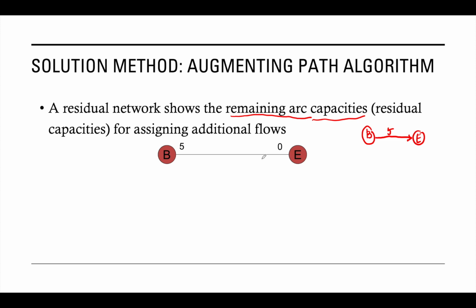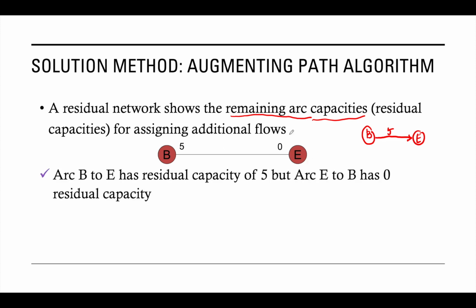Now, once we have converted this arc into a residual network, the next thing we have to understand is this. If there is a flow of two cars from B to E, so given your residual network of 5 from B to E, if there is a flow of two cars, so you let two cars move from B to E, what will happen?